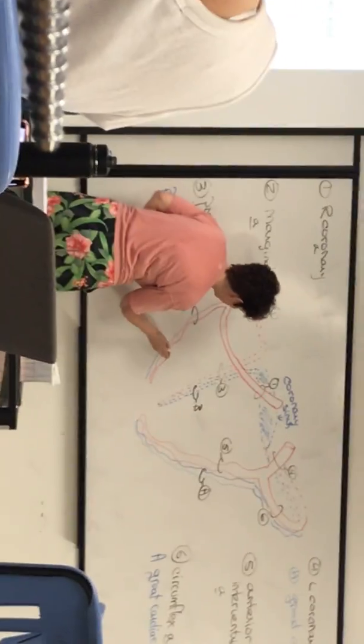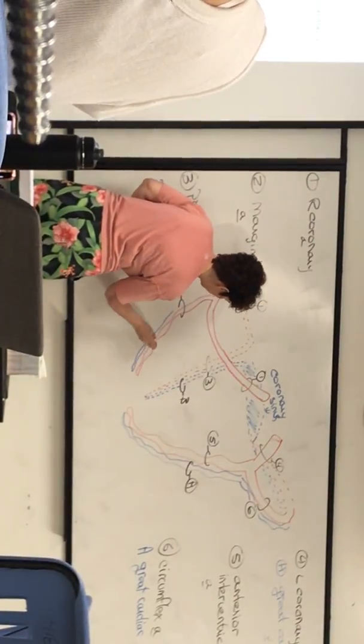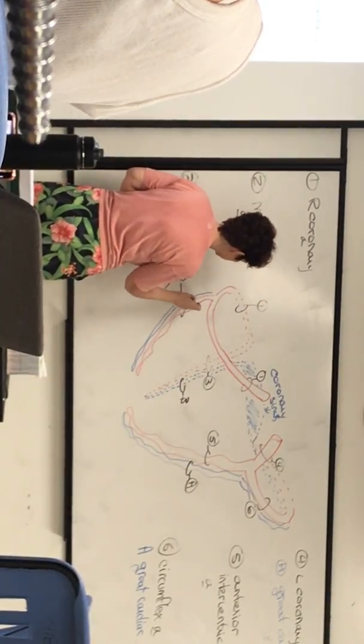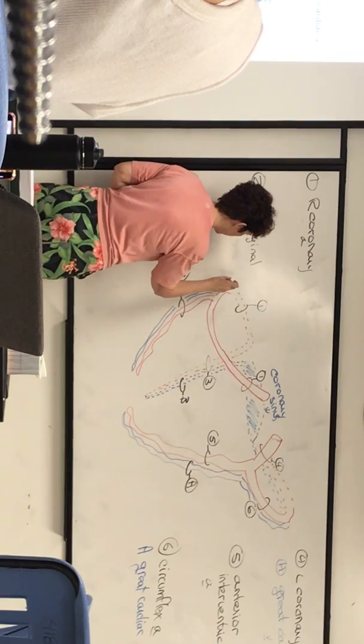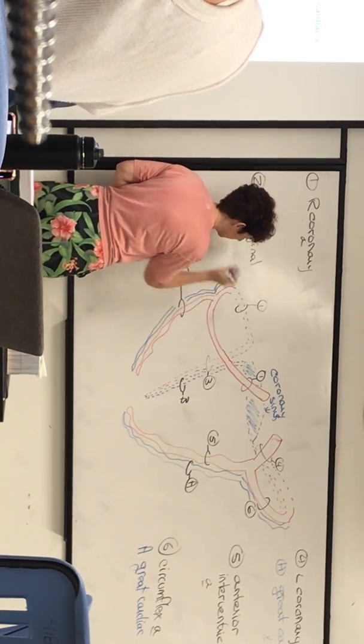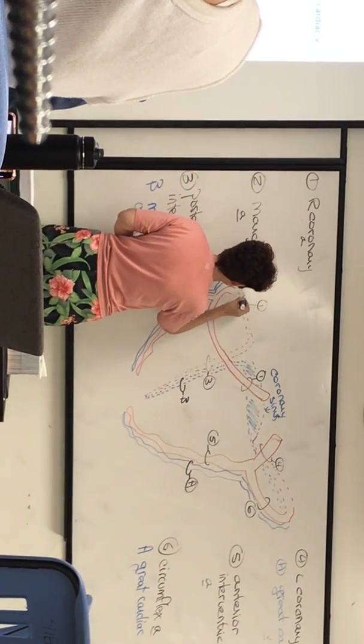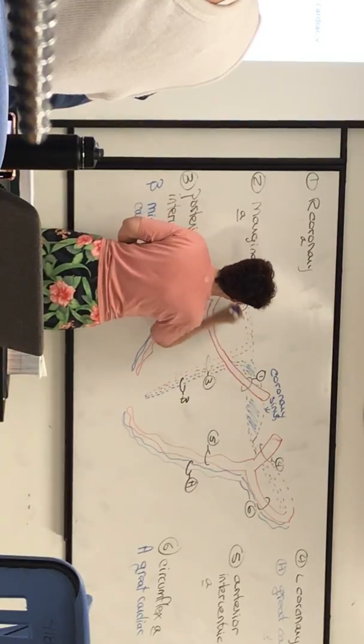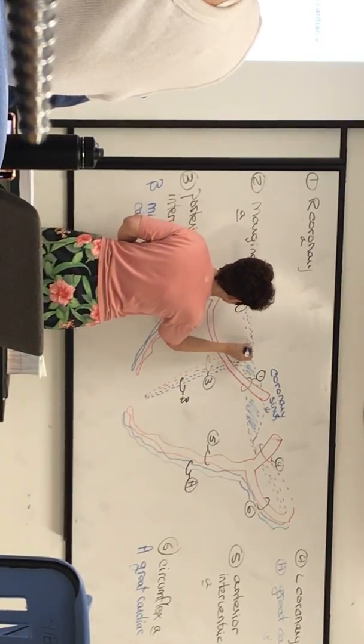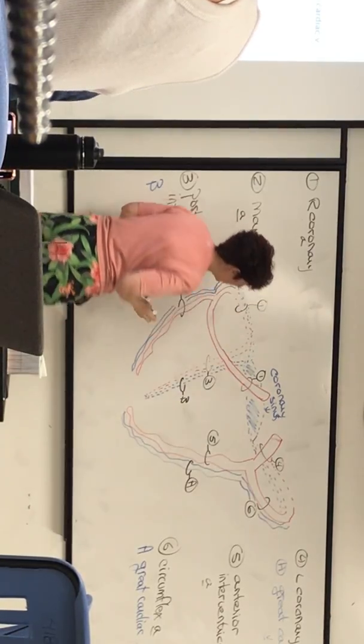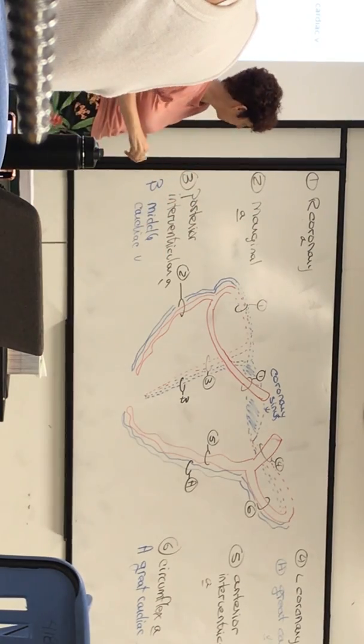So here we have our small cardiac vein. And then it makes this right angle bend. And we find it on the back, where it's going to empty into the coronary sinus as well.